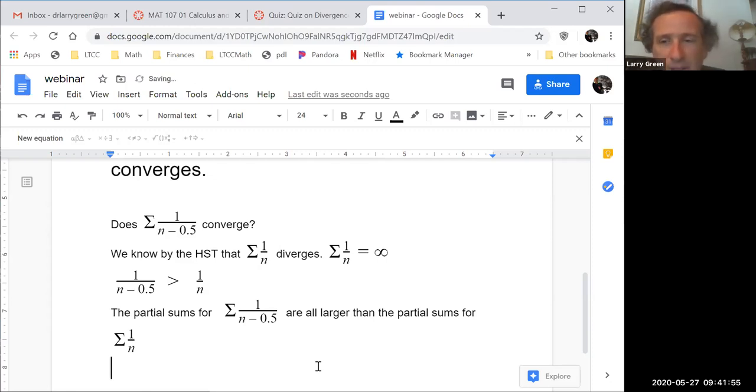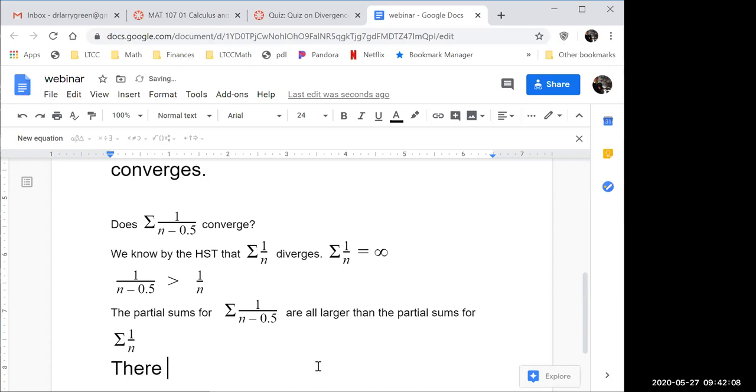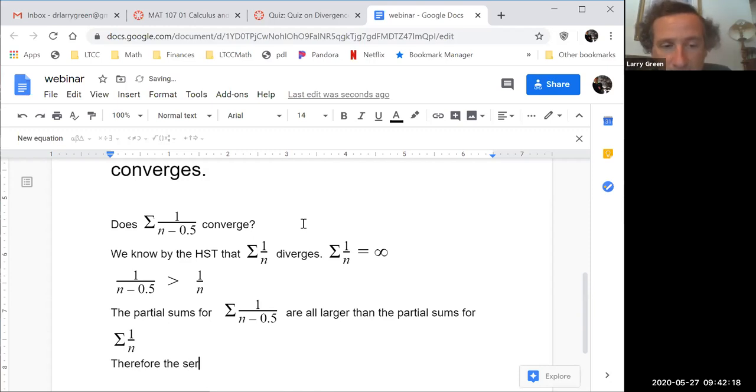Well, if you're always bigger than the other guy, and the other guy goes to infinity, what must you go to? It must diverge, to infinity. So therefore, the series summation of 1 over n minus 0.5 diverges.